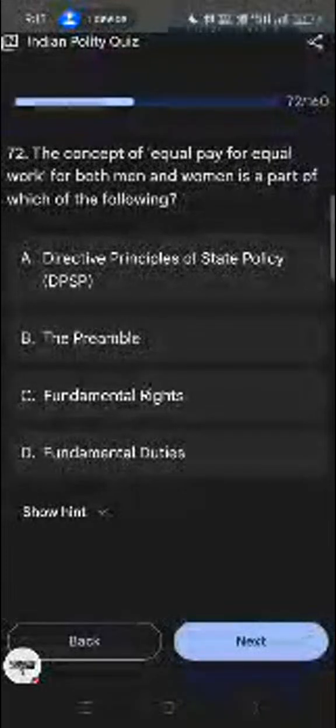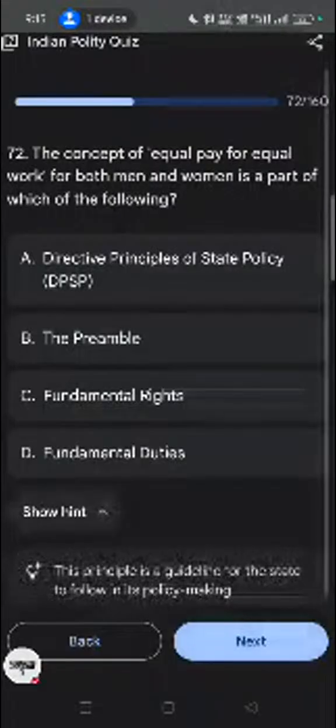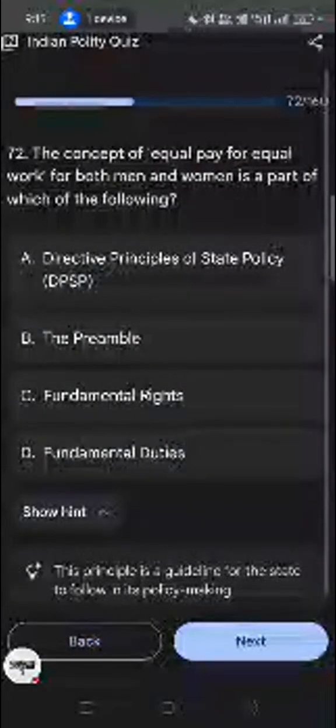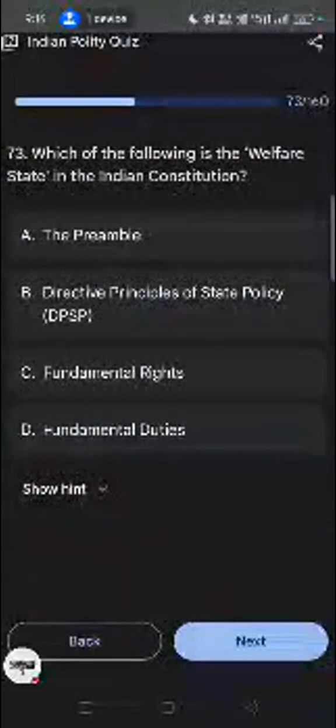The concept of equal pay for equal work is part of which right? Fair trade in the Indian Constitution.